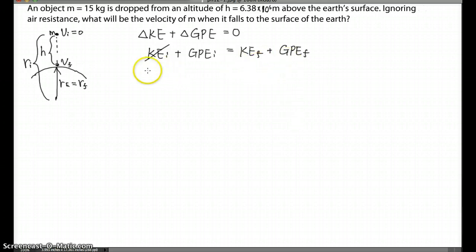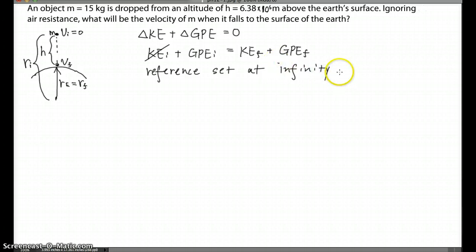If we set the reference at infinity, then GPE initial is going to be negative G, that's a constant, times M_E, the mass of the Earth, times M divided by R_i.